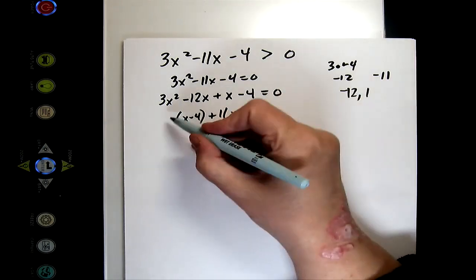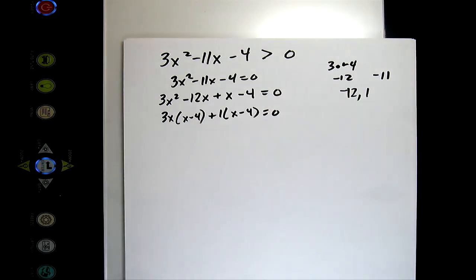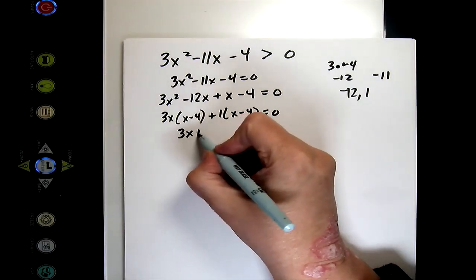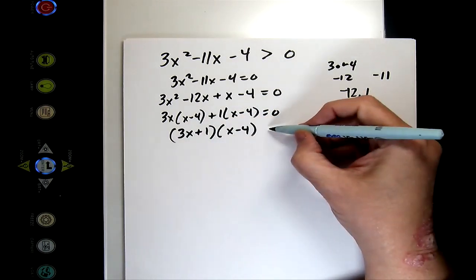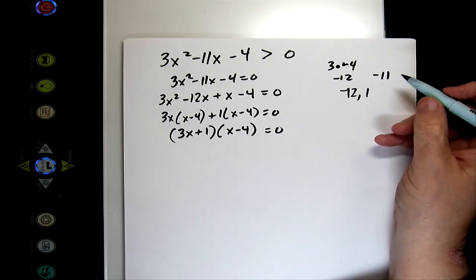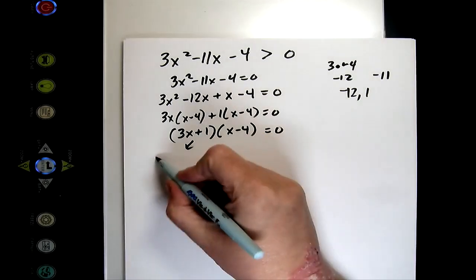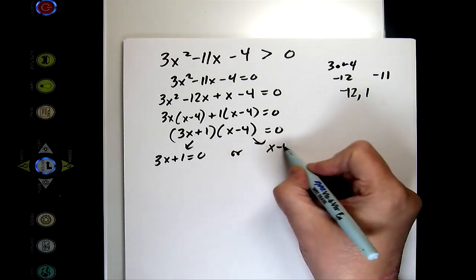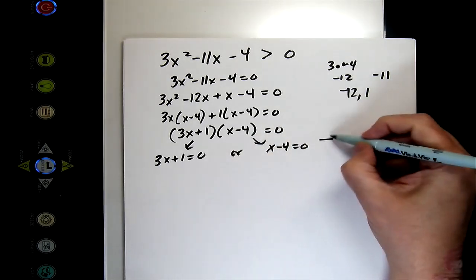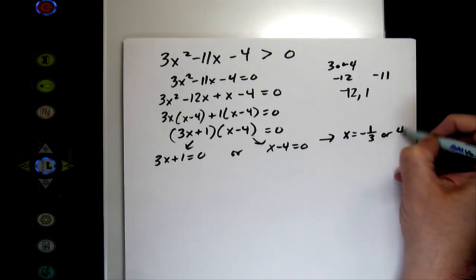And I need a 3x here. Now I'm going to get rid of that equal sign. Well, no, I still need it to solve. So 3x plus 1 equals 0, or x minus 4 equals 0. And I'm going to get x equals -1/3 or 4.